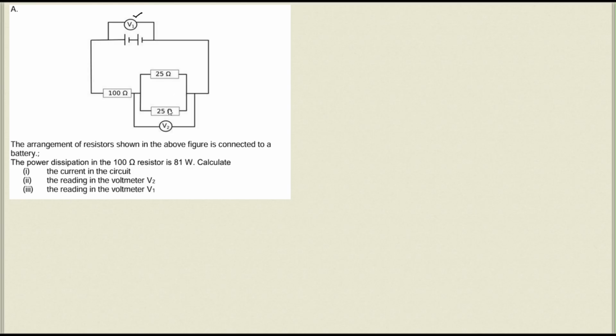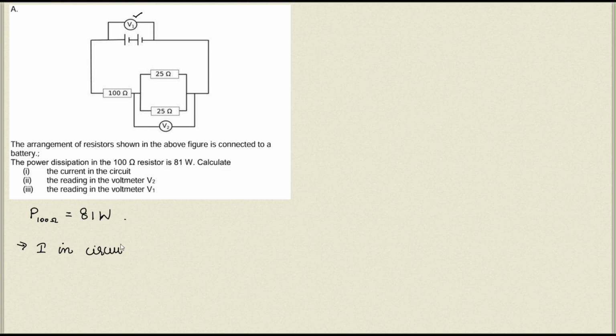So first of all, they have given the power dissipation in the 100 omega resistor, that is given as 81 watt. Now the first question is to find the current in the circuit, current represented by I.